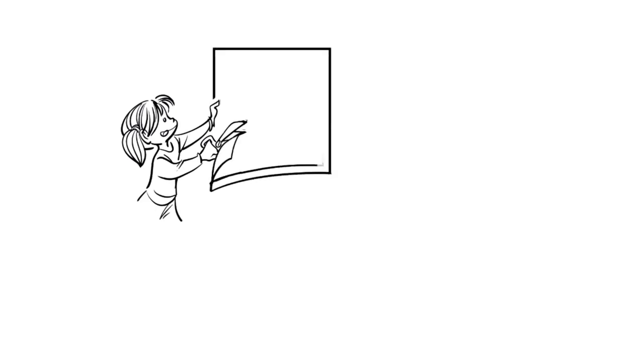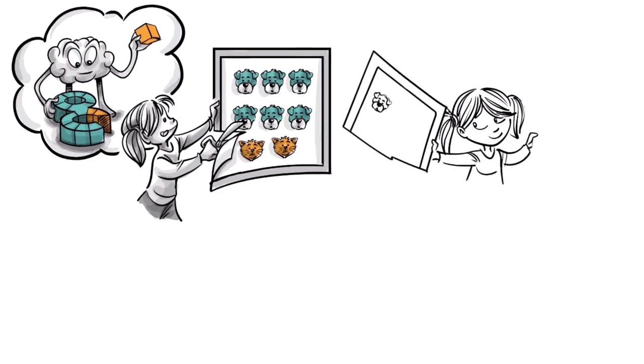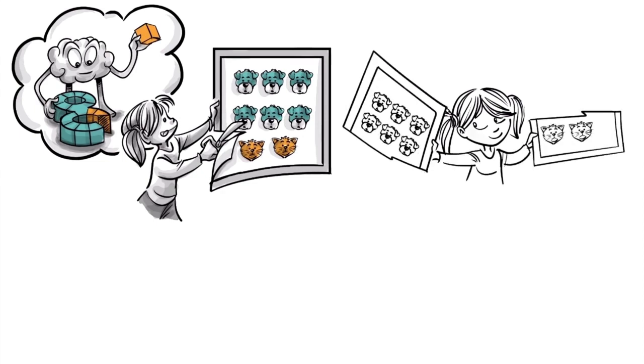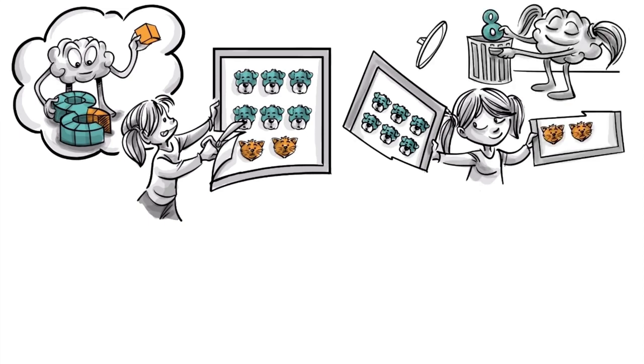This happens because once the child has to cut the whole into parts, for them, at that moment, the whole no longer exists. They have not yet constructed the concept of 8 without thinking of it as a sum of its parts. So when they divide the animals into cats and dogs, all they can think of are 2 parts of which one looks larger. The idea of 8 is then forgotten.